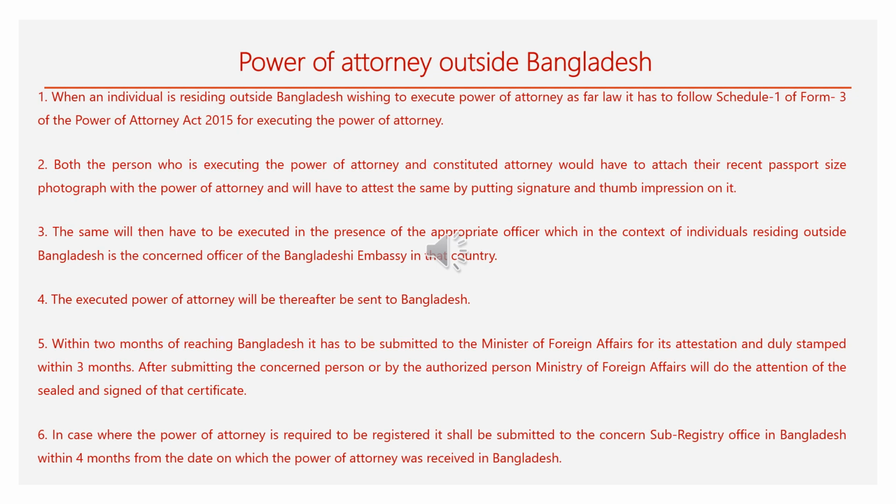That means if you are residing in Sweden, then you have to execute the power of attorney in the presence of the officer of the Bangladeshi embassy there. So first you have to execute the power of attorney in presence of that specific country's embassy.